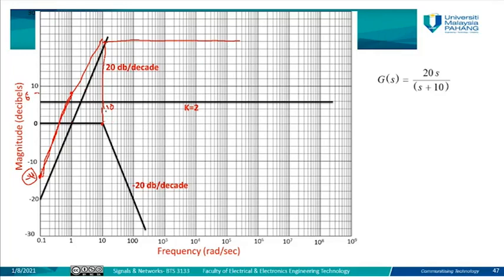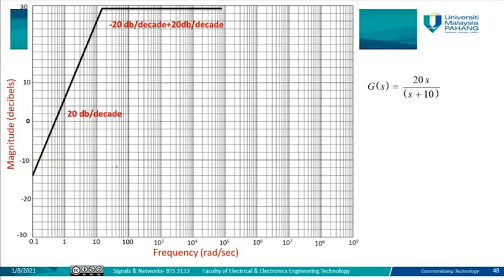At the point of 10, because we have this another graph, before this one, this graph has no effect on our overall graph. But at this point the effect appears, because we have a different slope, negative 20 dB per decade. So we have negative 20, positive 20, and the result will be 0. So our new overall graph will be like this one.